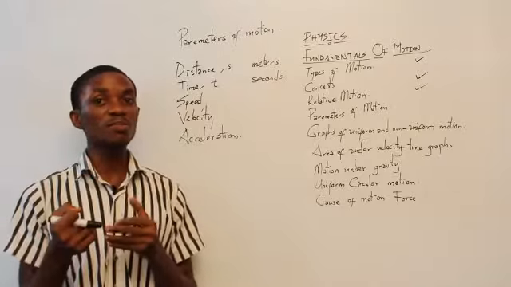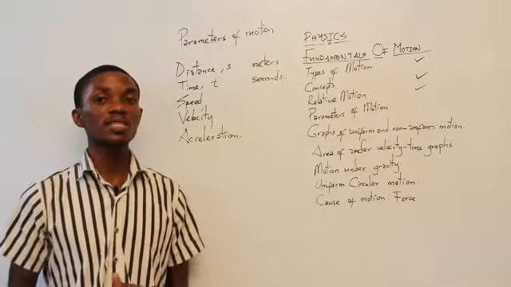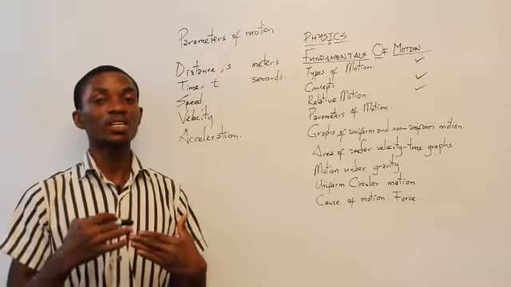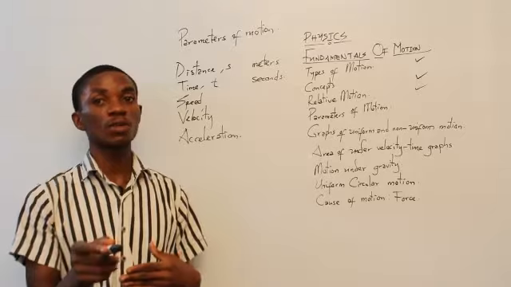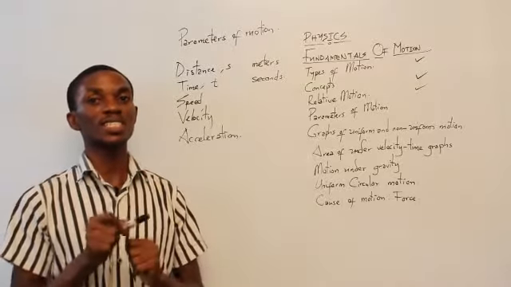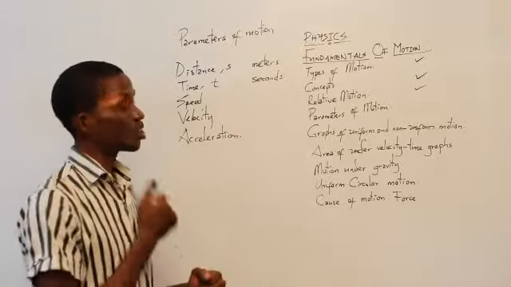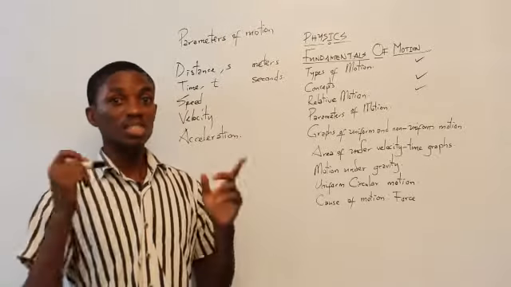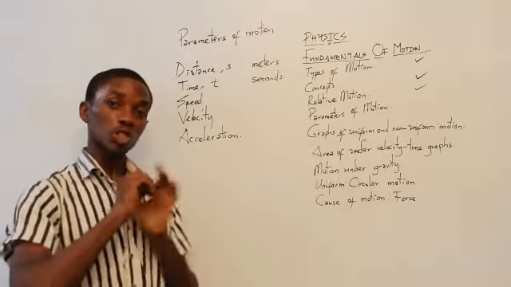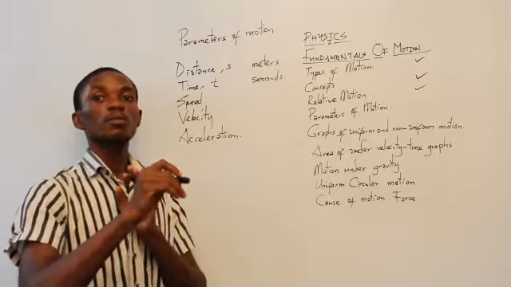And what's the difference between displacement and distance? Displacement is distance in a specific direction, and it is always the shortest distance between two points. So velocity is actually the rate of change of the shortest distance with time.